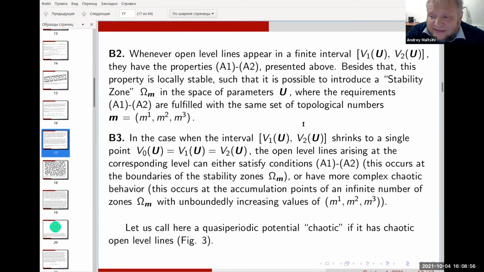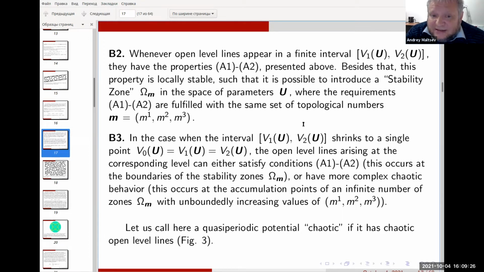Now, if this interval has a finite size, then all the open level lines of our potential are regular. And if this interval has zero length, this means that non-closed level lines exist just at one energy level, then they can be chaotic.